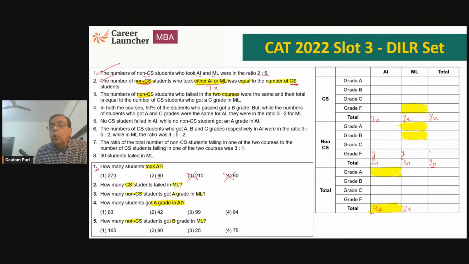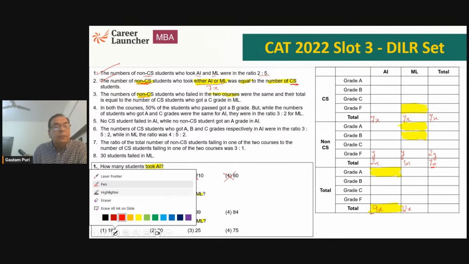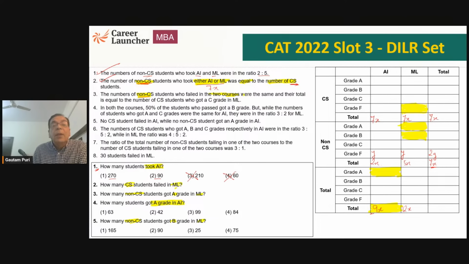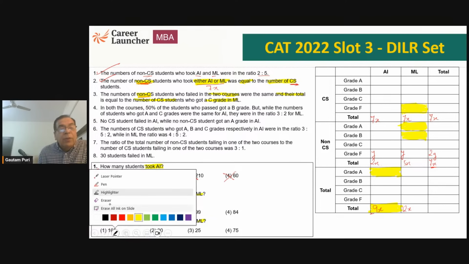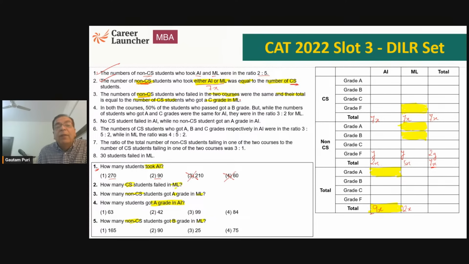Or the total number of non-CS students who have failed is 2Y. Their total was equal to the number of CS students who got the C grade in ML. So the number of CS students who got the C grade in ML will have to be 2Y.